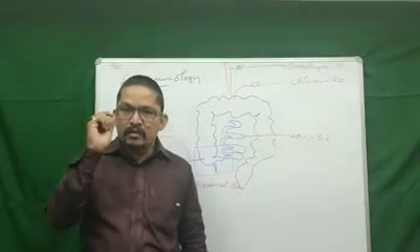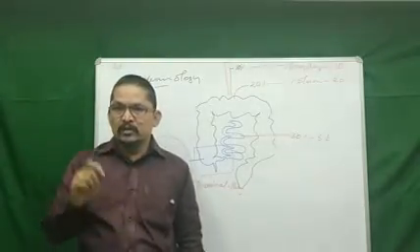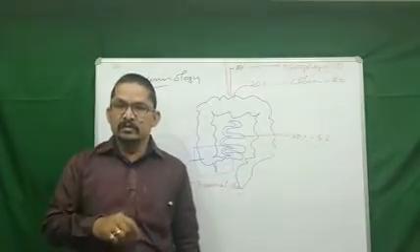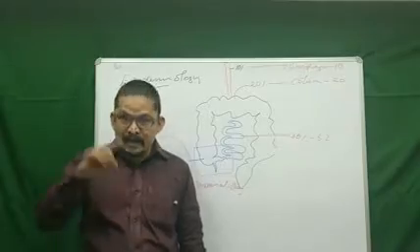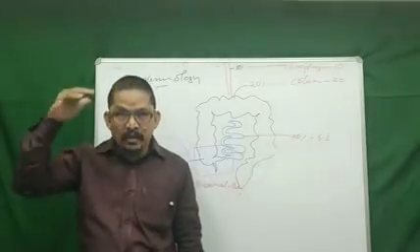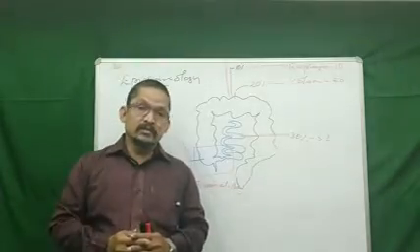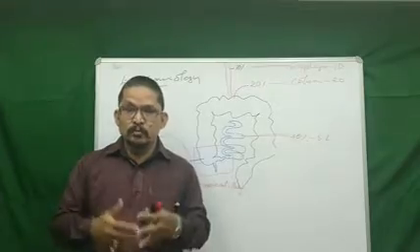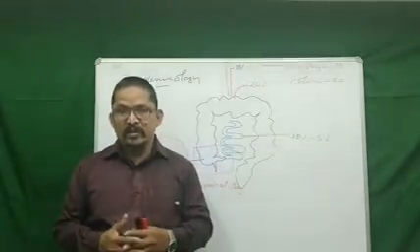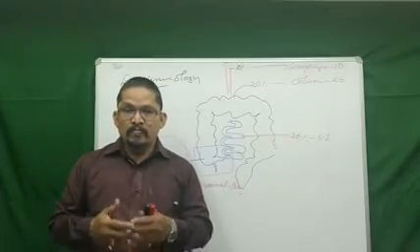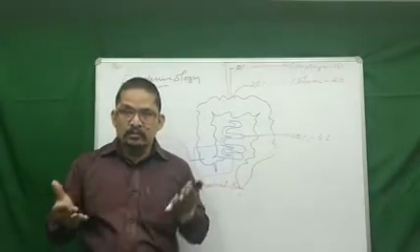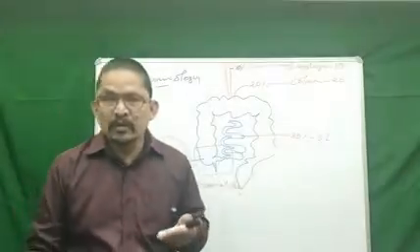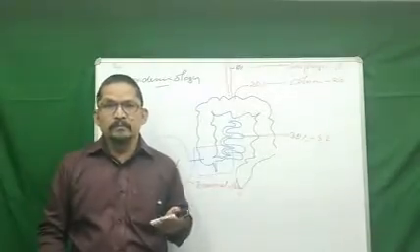But let me remind you that Crohn's disease can affect even children, and at the same time it can affect those above the age of 70. So at any time in our life there is a possibility of having Crohn's disease, but it usually affects the middle-aged in both sexes, and fortunately it is comparatively rare in India.